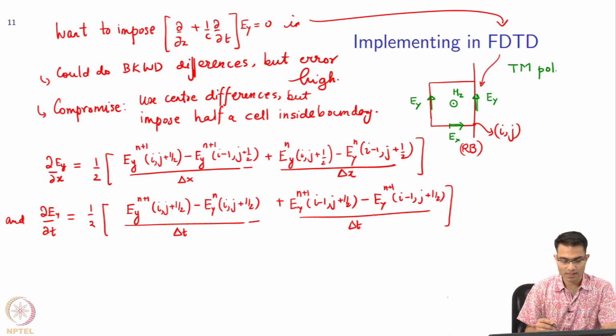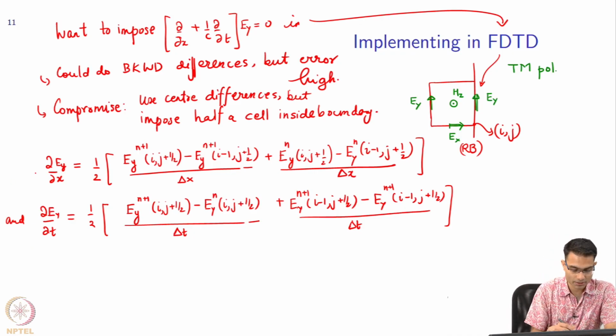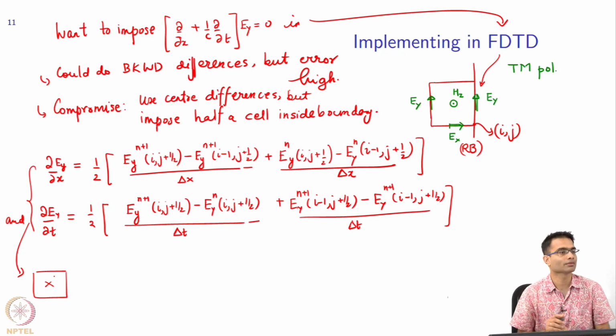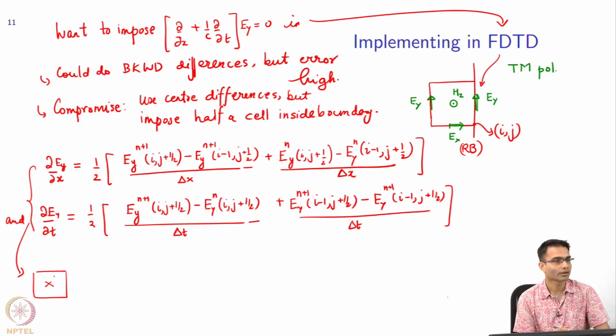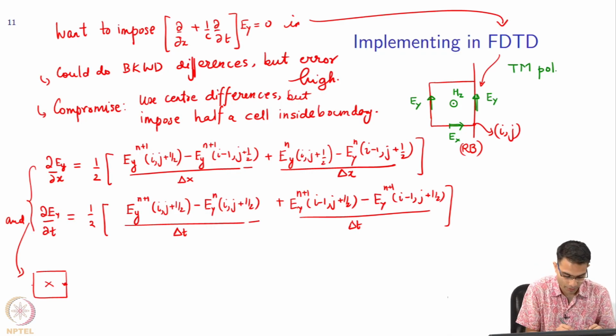So both of these expressions, this and this, are being evaluated, and are most accurate here, in the middle of the cell. The first one obviously, and the second one also, because I am taking the average of something from here and something from here.